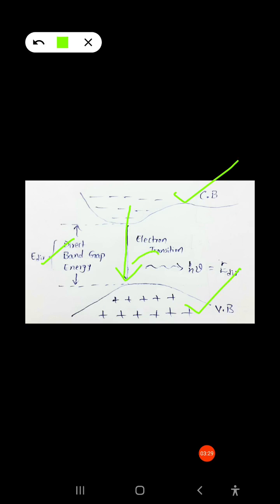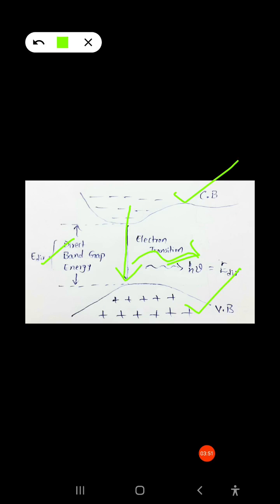It will emit a photon of energy equal to h nu, that is equal to E direct, the direct band gap energy. So E equals h nu. While the electrons recombine with these holes, it will emit light in terms of photons.